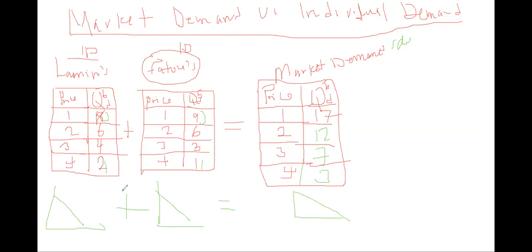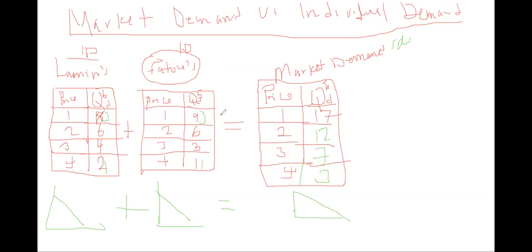If you add them, then it will give you the market demand curve. Market demand versus individual demand. So here, what I'm trying to put across is that market demand is nothing but what? The sum of individual demand.